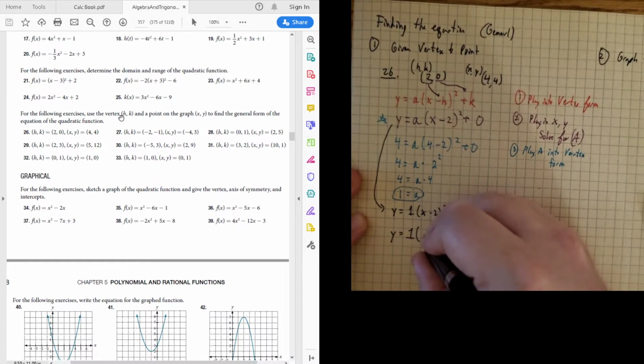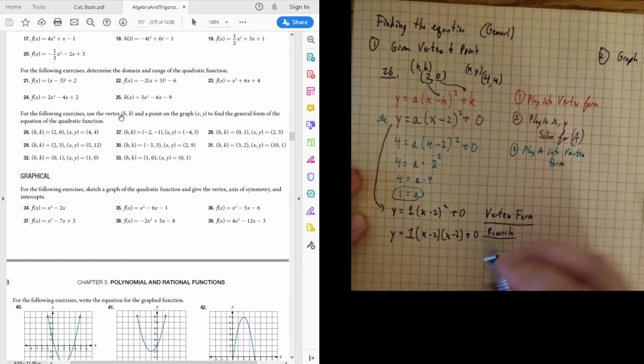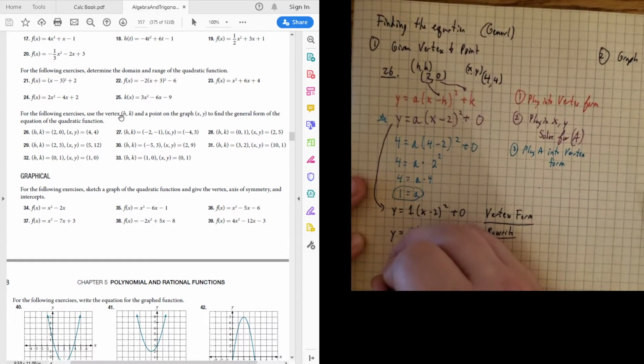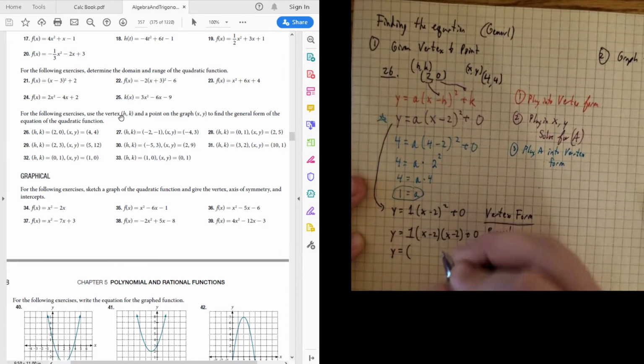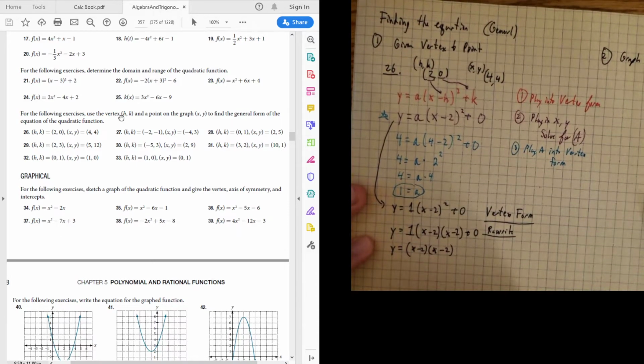First property I'm going to use: x minus 2 squared just means x minus 2 times x minus 2. And the plus 0 is just a plus 0. 1 times this isn't going to do anything, so I can drop the 1. The plus 0 isn't going to do anything, so I can drop the 0, leaving it in this form. And then I can use FOIL to rewrite it.